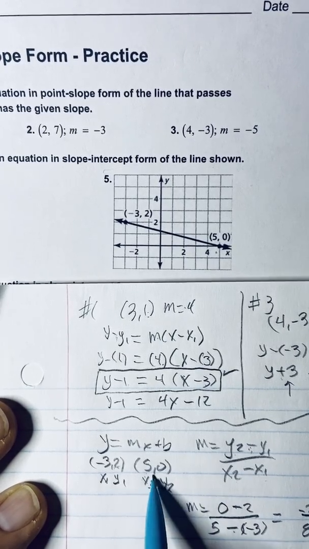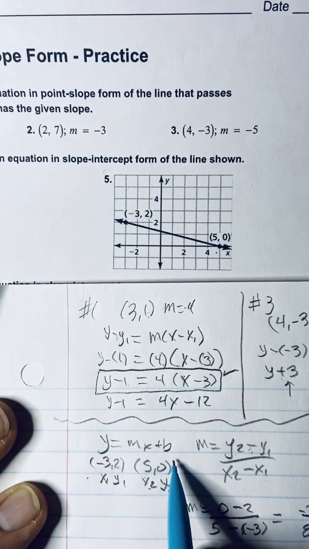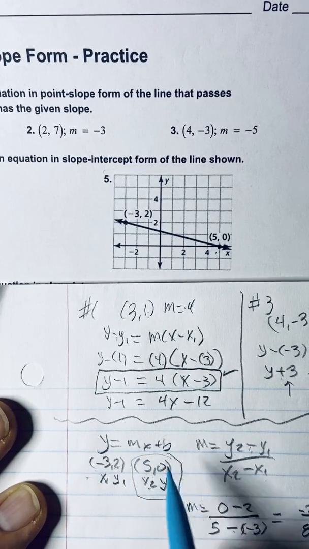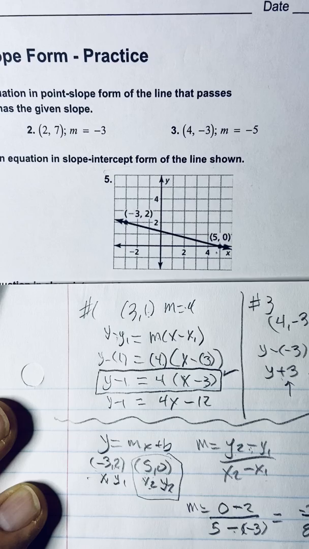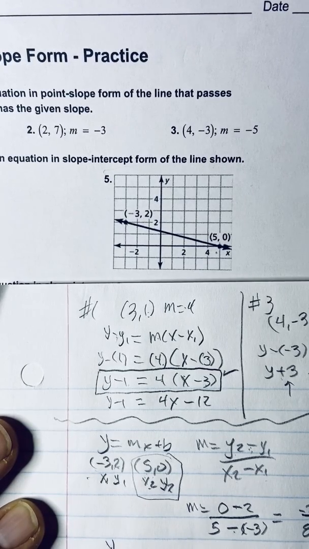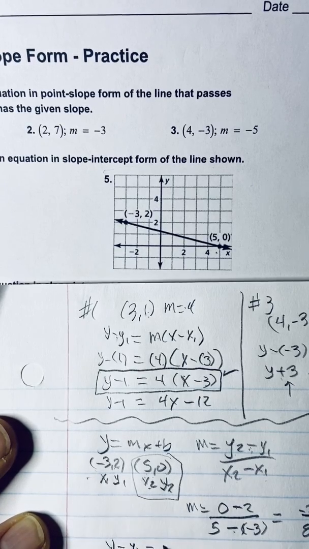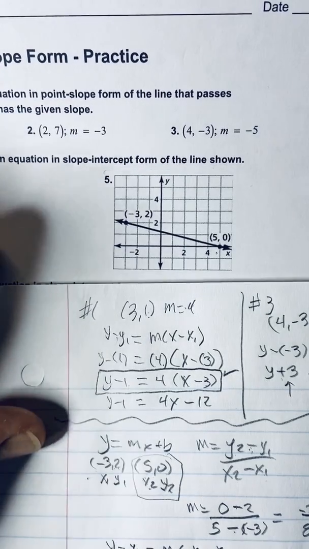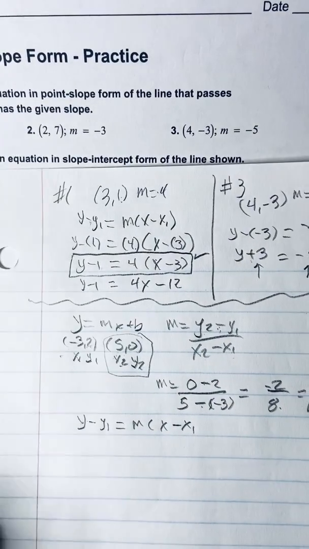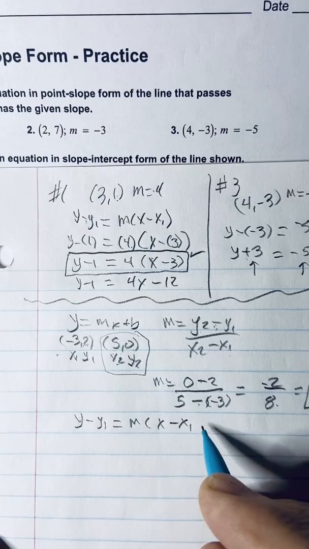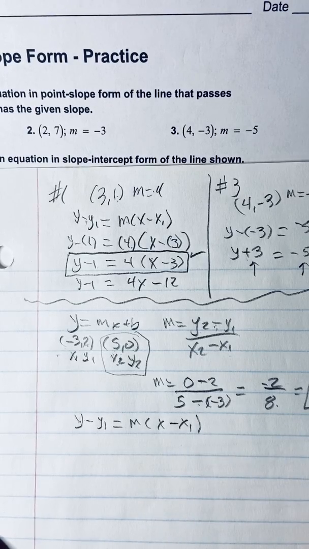Now I can take one of these points, it doesn't matter which one it is. I'll choose this one just simply because it's positive. And so I'm going to go y minus y sub 1 equals m times (x minus x sub 1). I'm going to substitute my values.